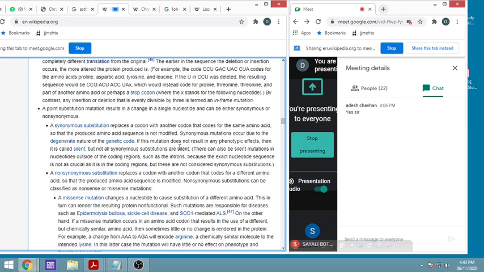This synonymous mutation occurred due to the degenerate nature of the genetic code. If this mutation does not result in any phenotypic effects, then it is called a silent mutation. That is, no impact on the phenotype. The body function will remain the same. But not all synonymous substitutions are silent.